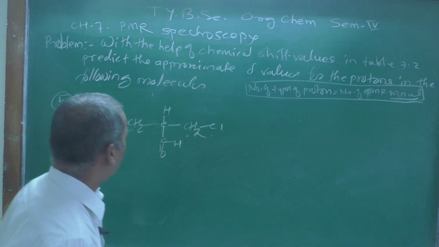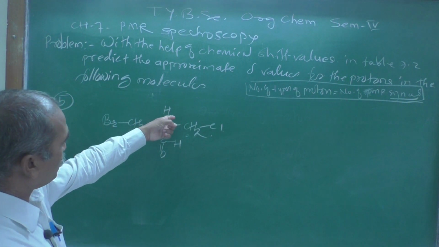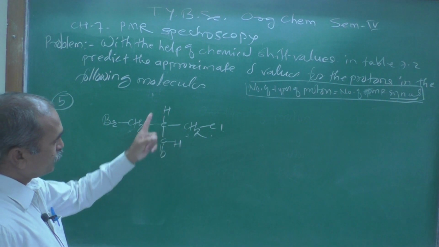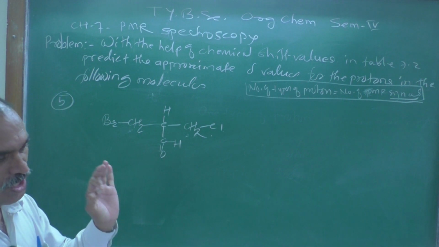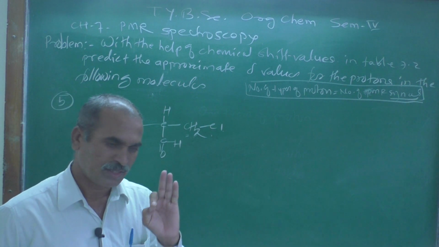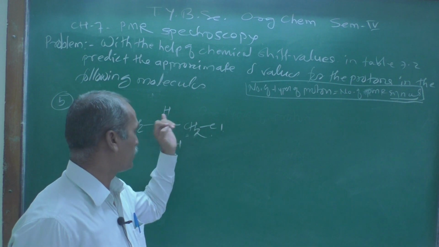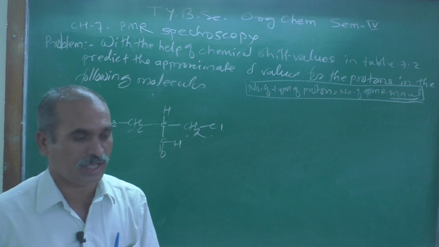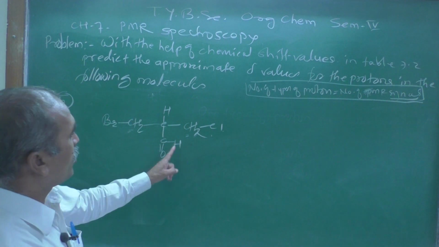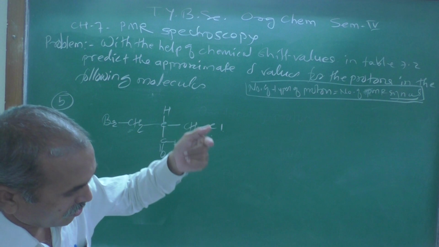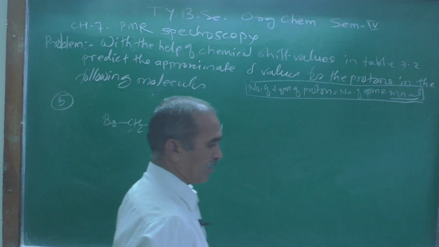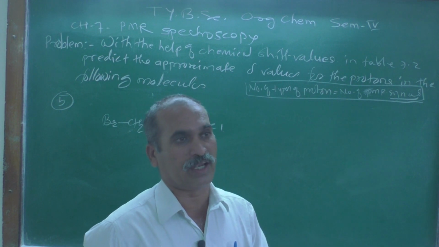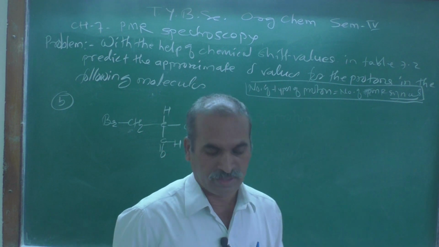Therefore definitely they are different protons. Now if you look here, there is 1 proton, here also 1 proton. Are these two protons identical or different? Same thing, these two are different protons. Why? Because their attachment, their chemical environment, their neighbors are different, and therefore they are definitely different protons.